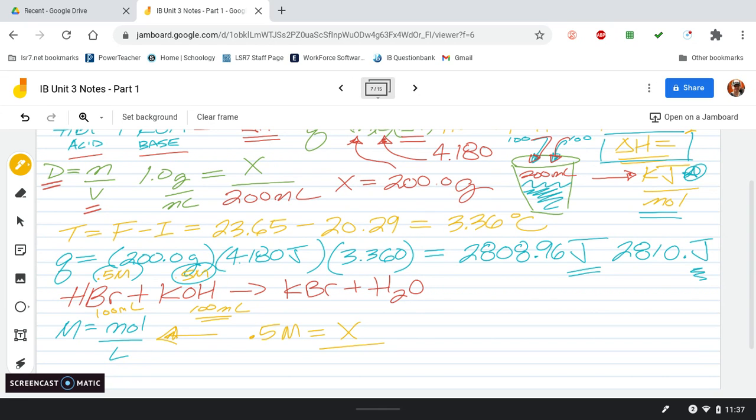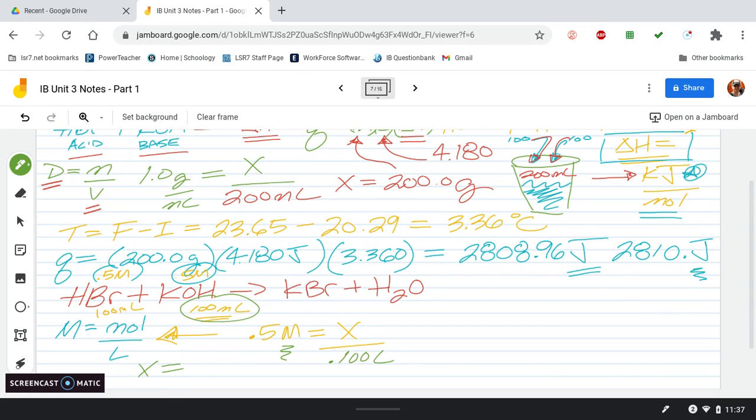Now here's the problem. Molarity is dealing in liters. So instead of 100 milliliters, I'm going to divide that by 1,000 and put 0.100 liters. Now they'll play nice.